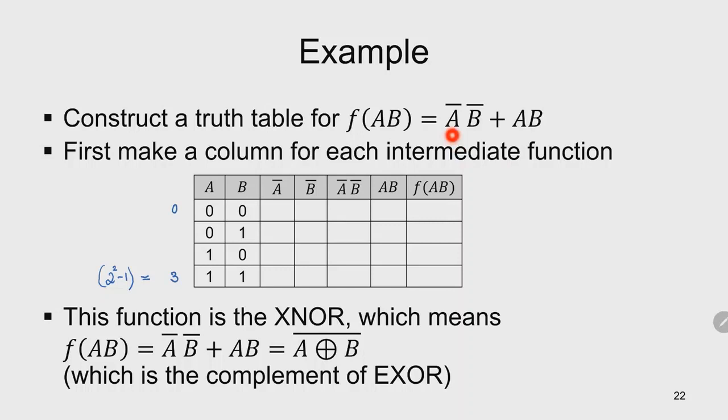In this case, I got my A bar. A bar is the inverse of A, so where A is 0, we get 1, 0, 1, 1, 0, 0. And then my B inverse is 1, 0, 1, 0.